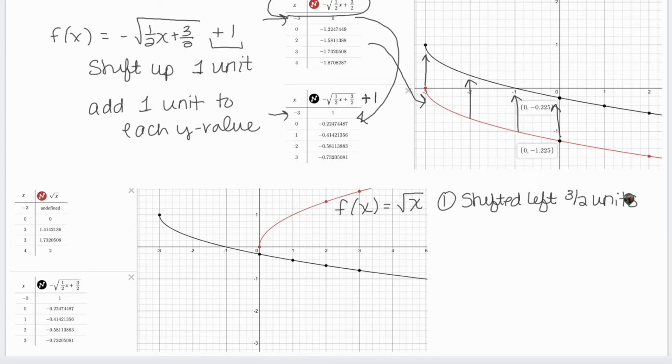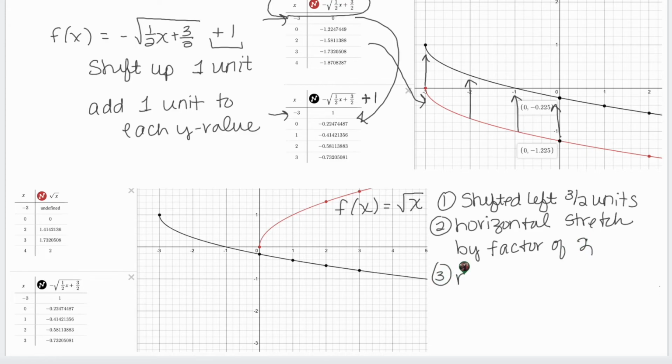Then we had a horizontal stretch by a factor of 2. Then our third step, we reflected across the x-axis.